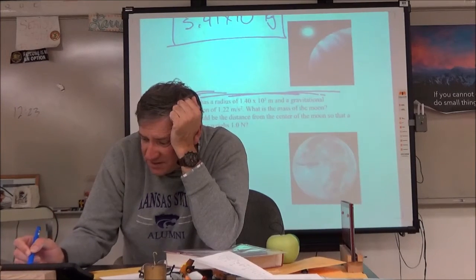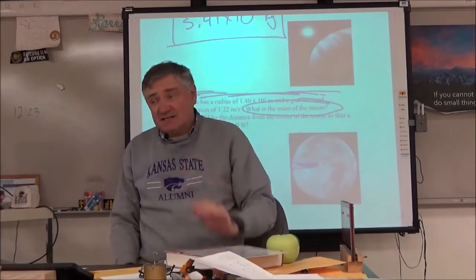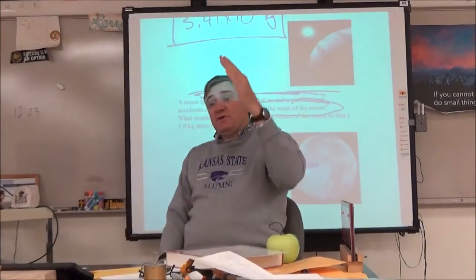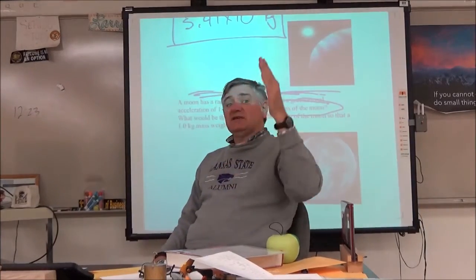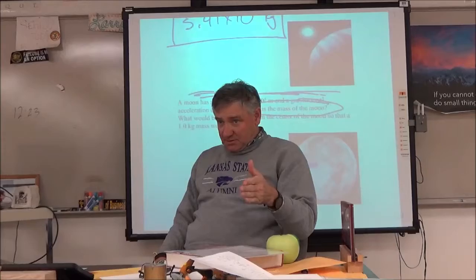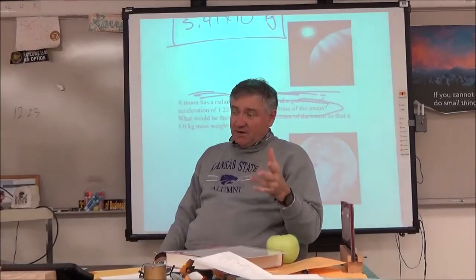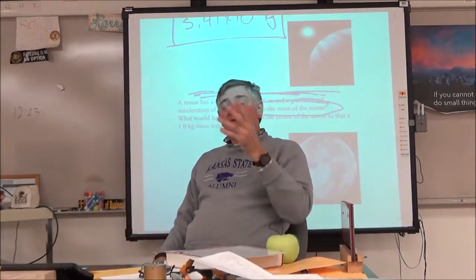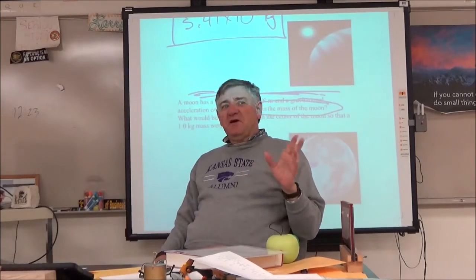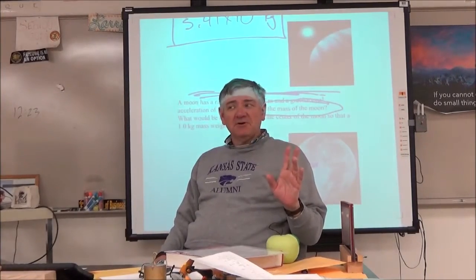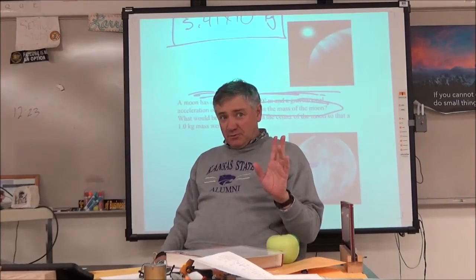We've got the radius of the moon, so I need to figure out the mass of the moon. So this is exactly what happened with the Apollo 11 crew. The first thing that they did, they set up a pendulum. They measured the value of little g on the moon, and then they found the mass of the moon, which is kind of cool if you think about it. Like, okay, we landed on the moon, we didn't even know the mass of the moon. So that's kind of cool.